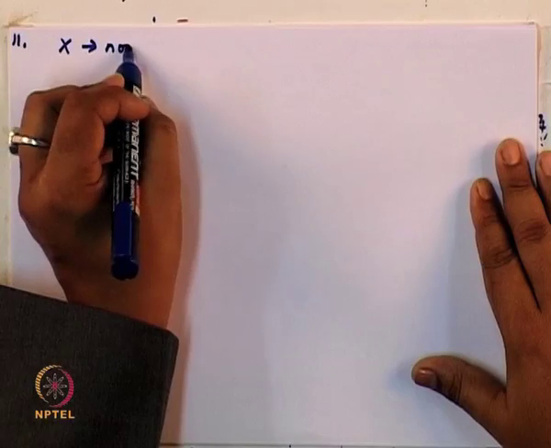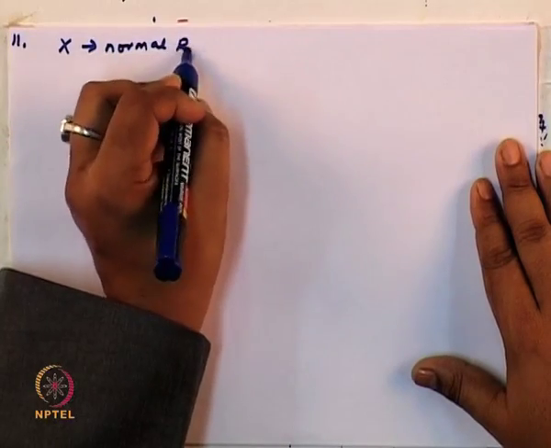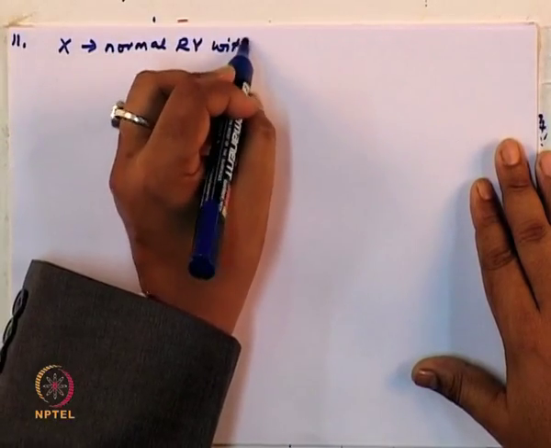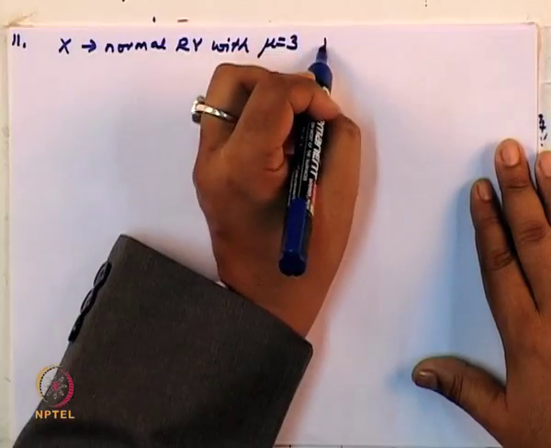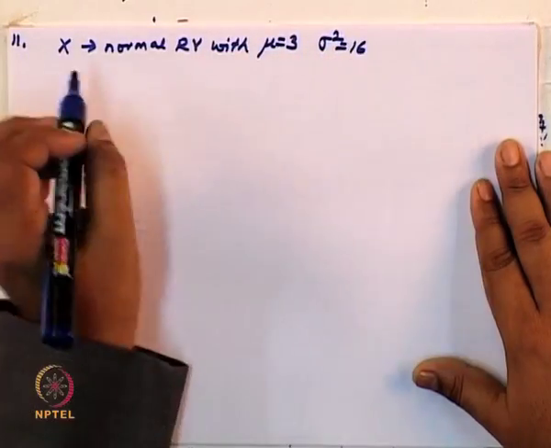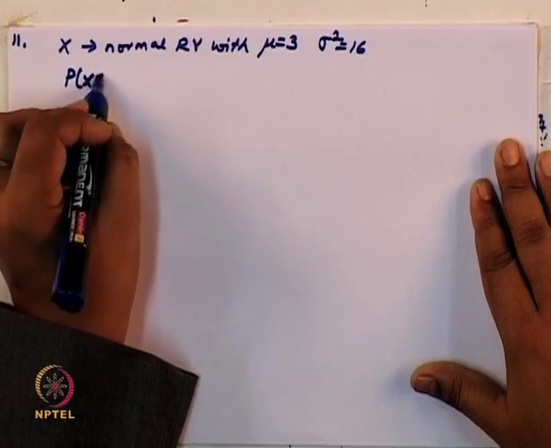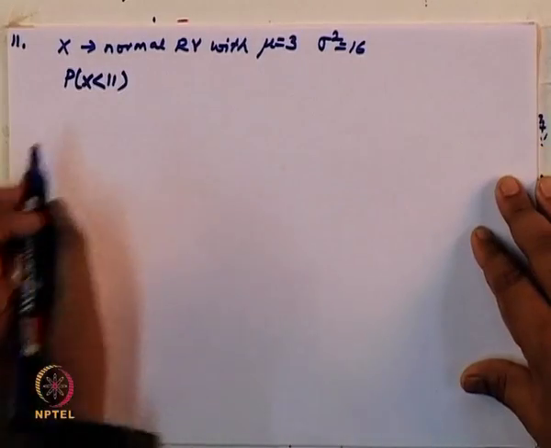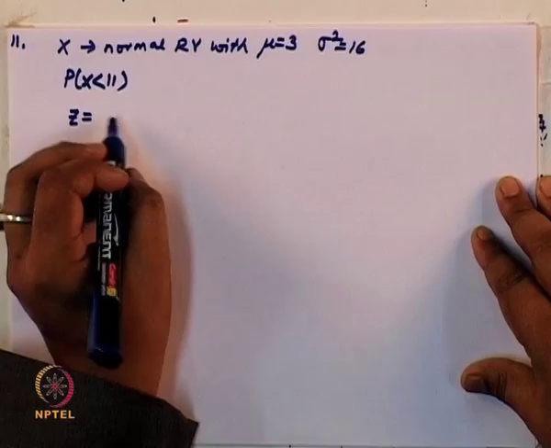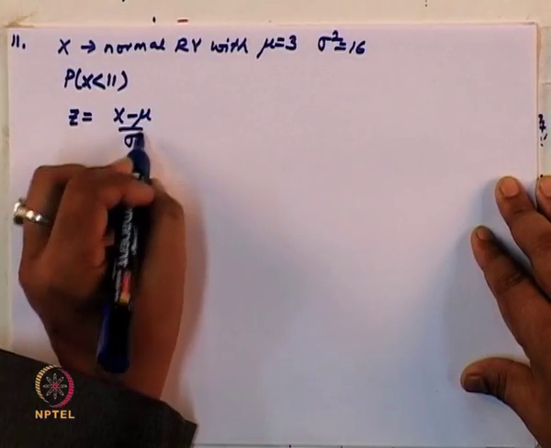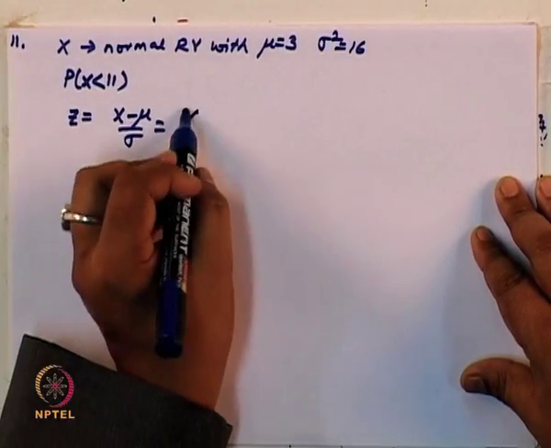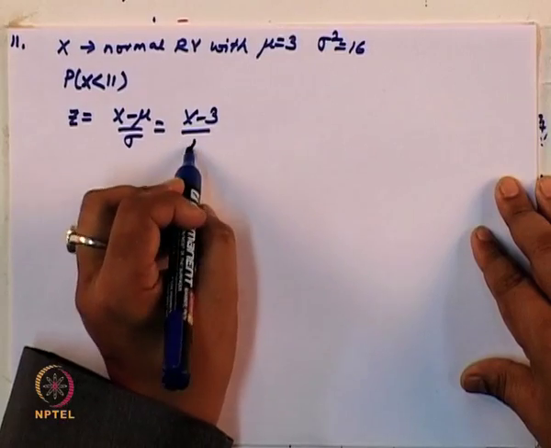Let us just take one sample example. If x is a normal random variable with mu equal to 3 and sigma square equal to 16, we want to calculate the probability of x less than 11. How do I calculate? I just define z equal to (x minus mu) by sigma. In this case, it is (x minus 3) by 4.